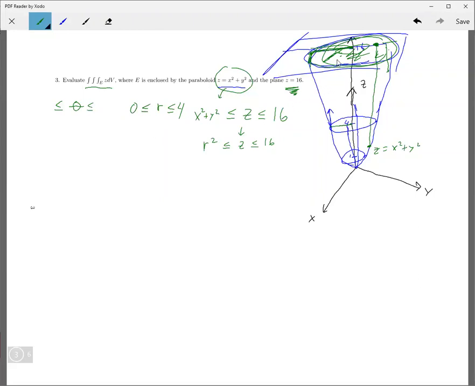So you basically have these line segments coming down and intersecting the bottom layer at some point, but all the action is up here. Okay, and then what's theta going to go from?